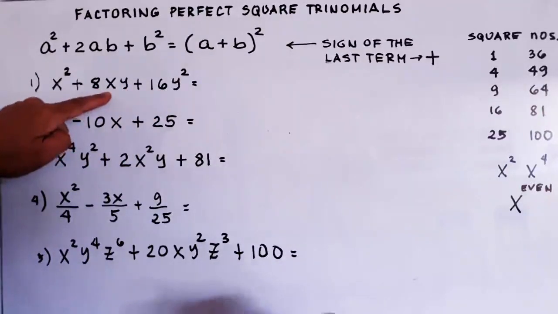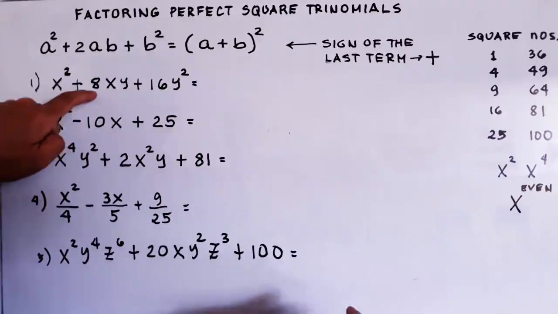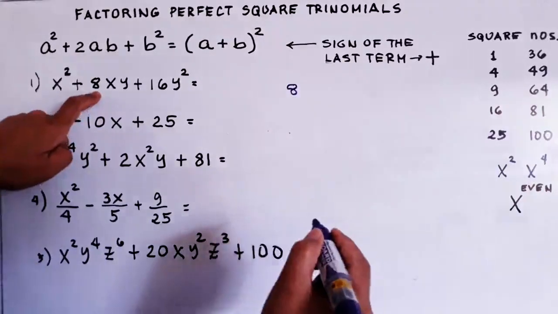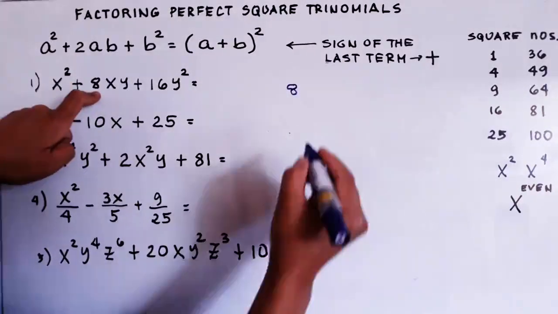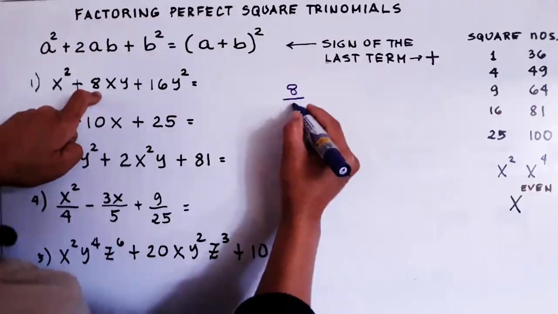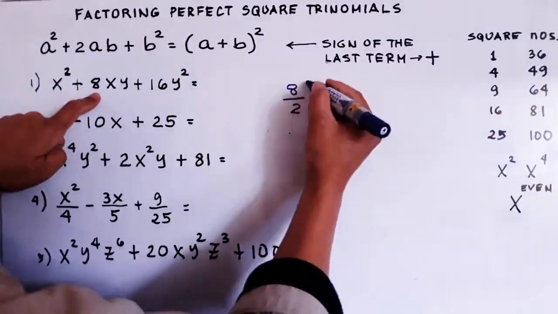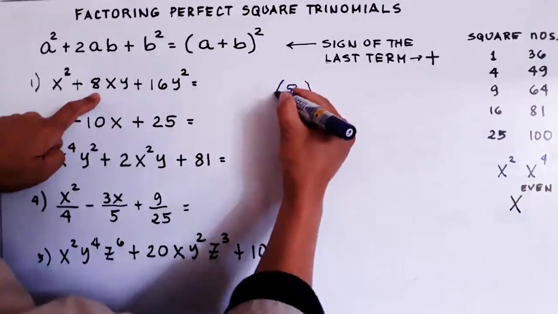We get its numerical coefficient, which is 8, and then we divide it by 2, always by 2, and after dividing it by 2, we raise this one to the second power.